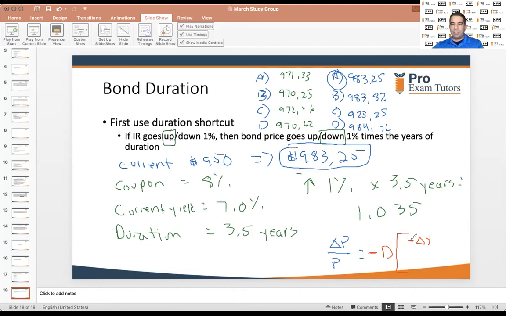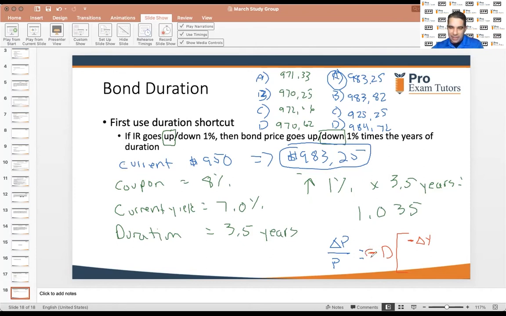Okay, so this is where you guys forget also to put in this. That's what I was saying on your answers, the different answers they give you. What they'll also do is they'll give you a bond price that goes up. They'll give you bond prices that go down as well. And what they're hoping is that you're going through the exam too quickly. Like, oh, I remember duration, I'll just go through.